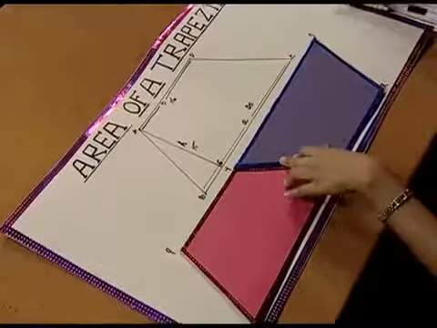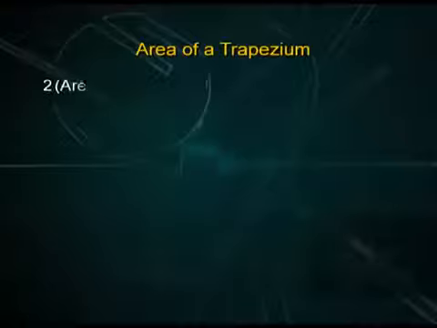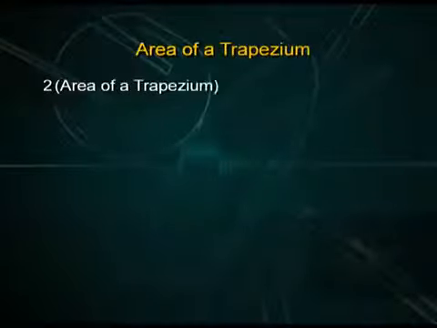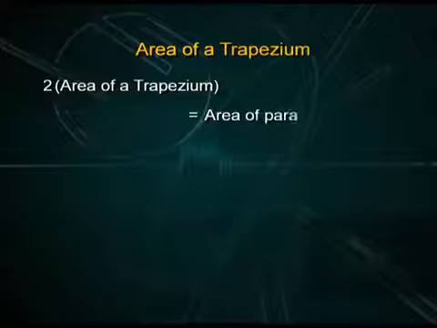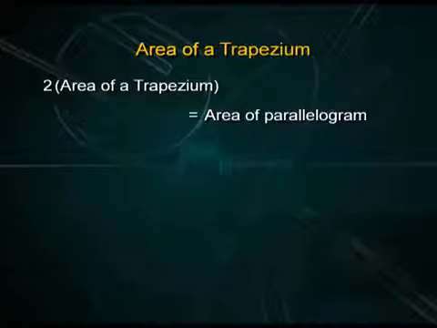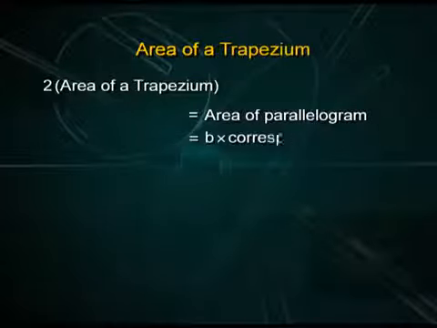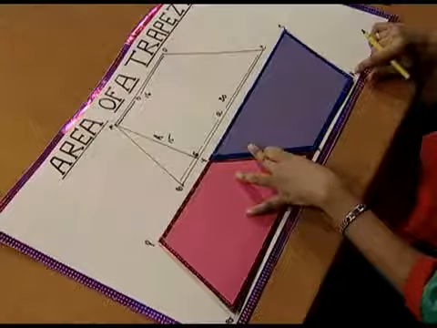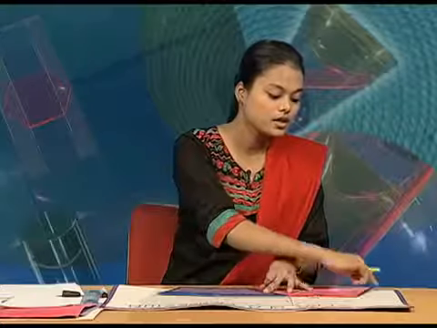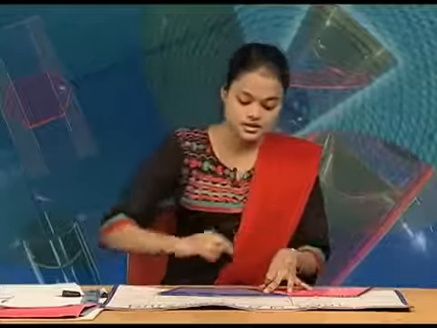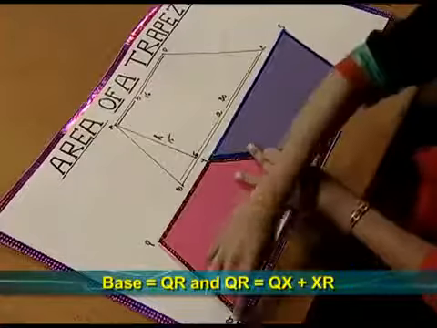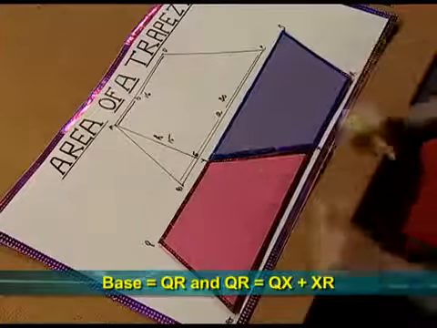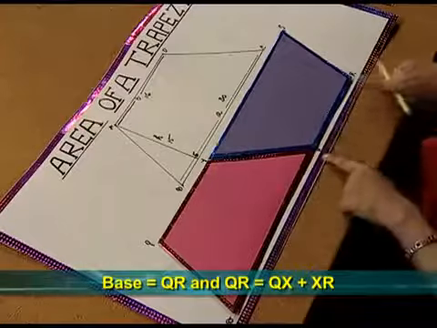Now you can see that this parallelogram is made up of 2 trapeziums. So what can we say? That twice the area of a trapezium is equal to the area of this parallelogram. And what is the area of a parallelogram? As we know, it is base into corresponding height. Now what is the base? In the parallelogram PQRS, the base is QR, and QR is made up of QX plus XR.